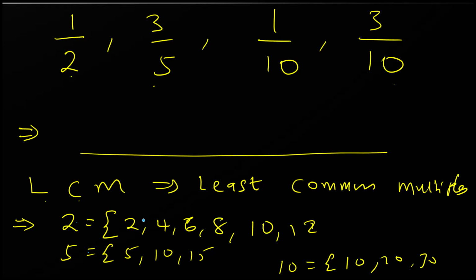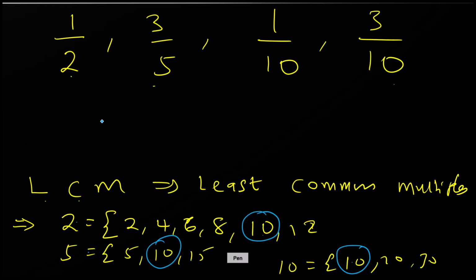So if I start with 2 here, there is nothing like 2 here. So 4, no 4, 6, no 6, 8, no 8. So we have 10 here, 10 here. And since this one starts with 10, I think the least common multiple here is 10. So we have 10.